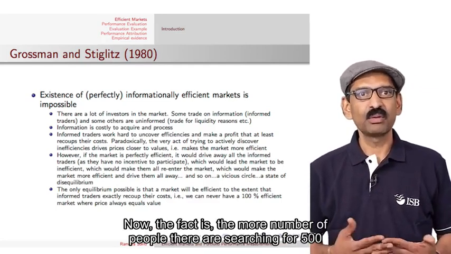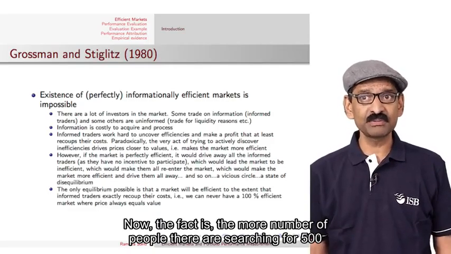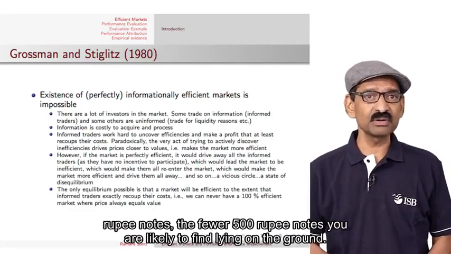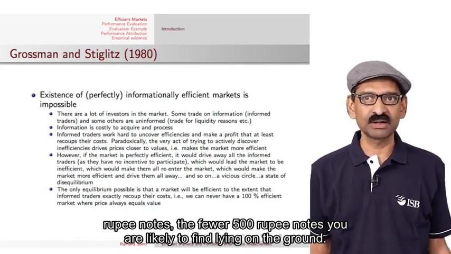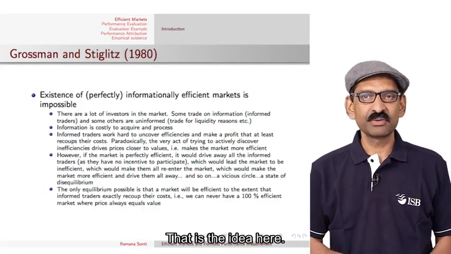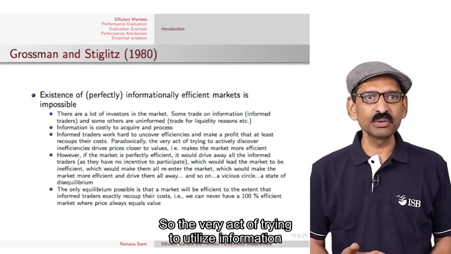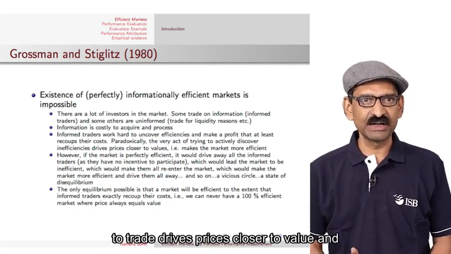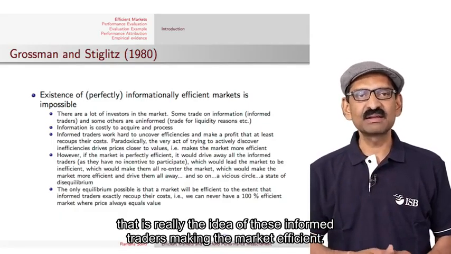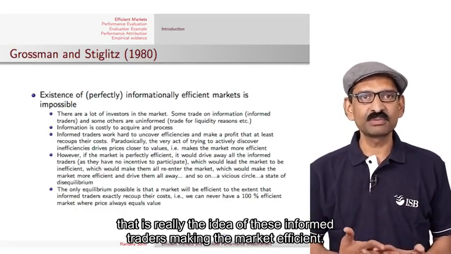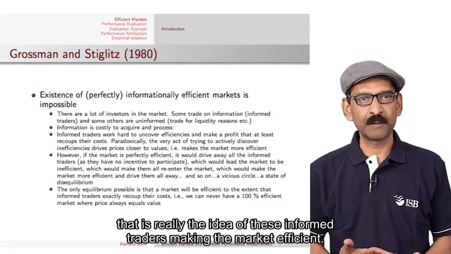The fact is, the more people there are searching for 500 rupee notes, the fewer 500 rupee notes you are likely to find lying on the ground. That is the idea here. So the very act of trying to utilize information to trade drives prices closer to value. And that is really the idea of these informed traders making the market efficient.